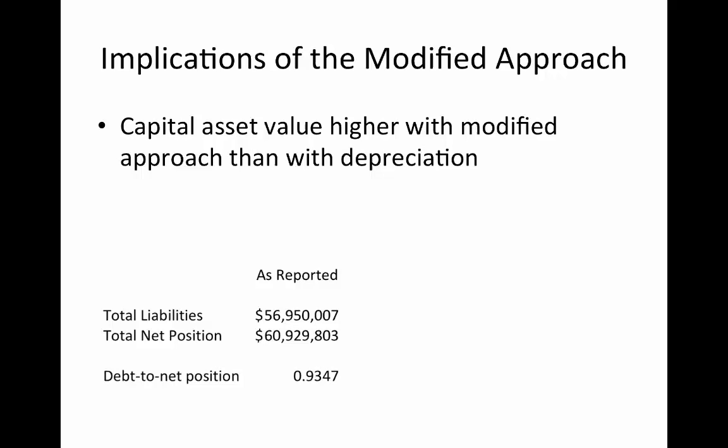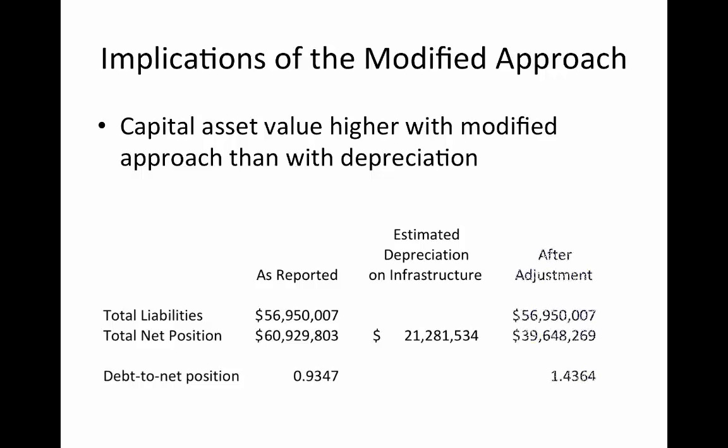So, let's look at a sample of some governments. Looking at this government that uses the modified approach, comparing its liabilities to its net position, you come out with a ratio of 0.93. But if we were to estimate what the depreciation might have been on the infrastructure for those capital assets, and adjust for that, then it doesn't look nearly as healthy.